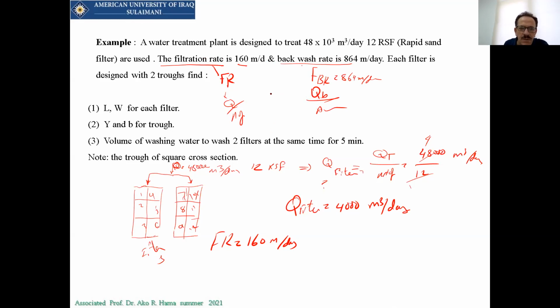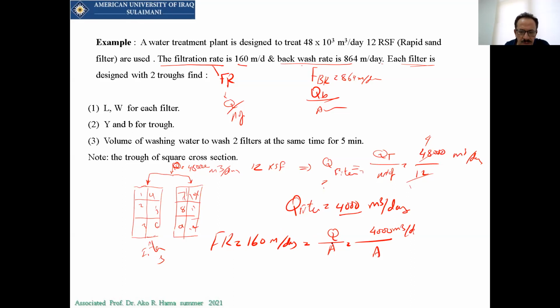Now, what is the required? The required is to design this filter based on the design of this filter. So for one filter we need only 4,000 meter cube per day, and the filtration rate is 160 meter per day, which is equal to Q over area. Now we have the Q is 4,000 meter cube per day, and the area.